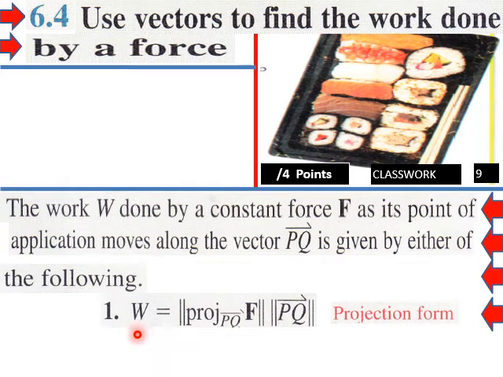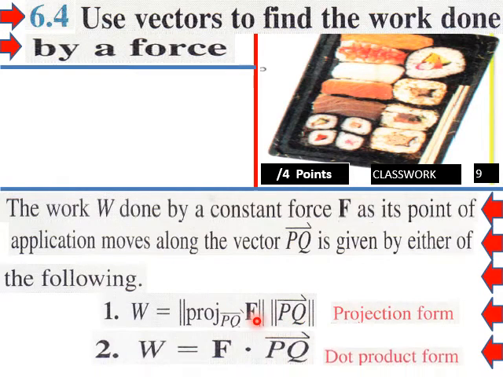So 1, work W equals the projection of F onto PQ multiplied by the length of PQ. So this would be a projection form. And then work would also equal, in the dot product form, F dot PQ, the force times the direction PQ.